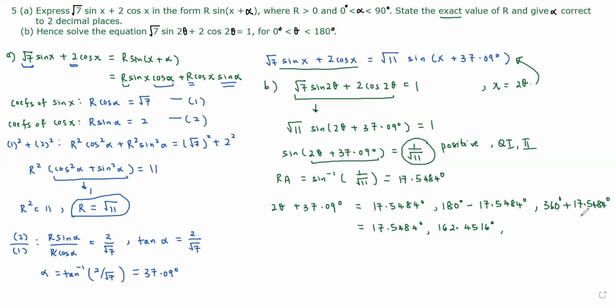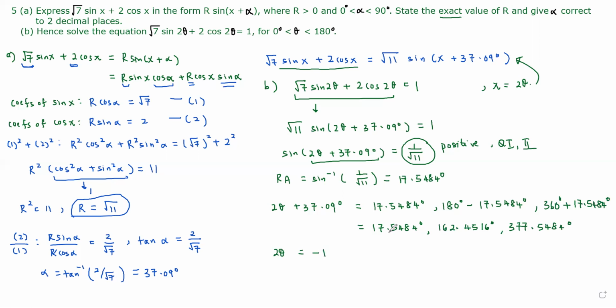And the coterminal angle to the first quadrant angle is 377.5484 degrees. Then we subtract throughout by 37.09 degrees.